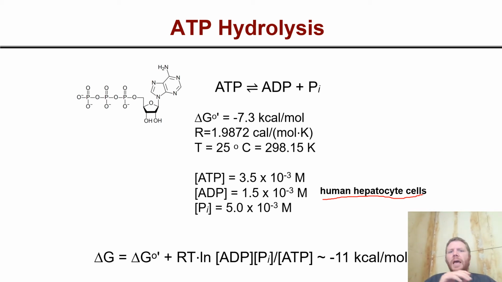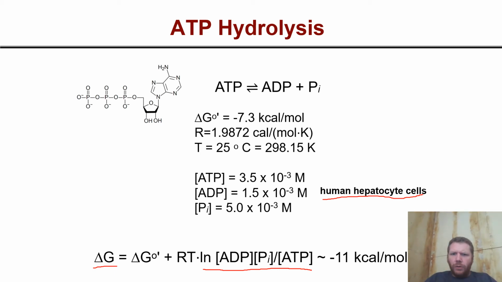If you take into consideration the delta G naught prime for this, as well as the concentrations of ADP, Pi, and ATP, then the delta G for this reaction is negative 11 kilocalories per mole.